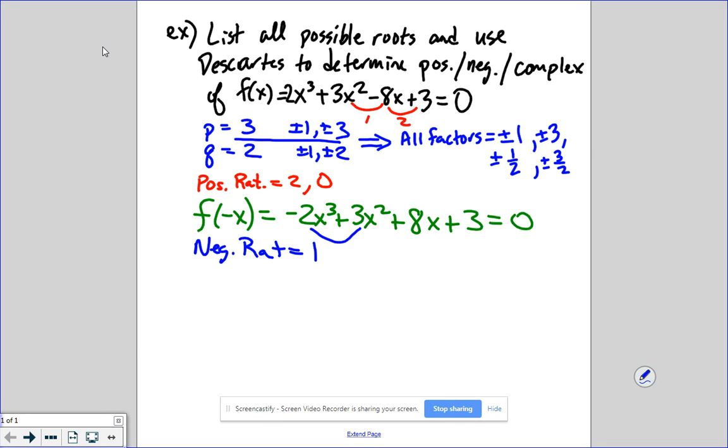So for complex, I either have 0 or 2. I have 0 if I have 2 positive. I have 2 if there are no positive roots. Everybody with me there? Okay. There's got to be 3 total, right?